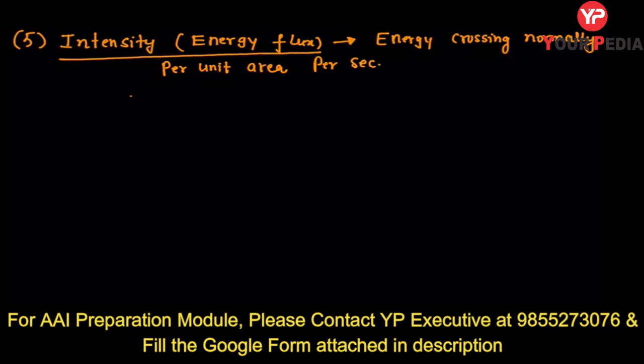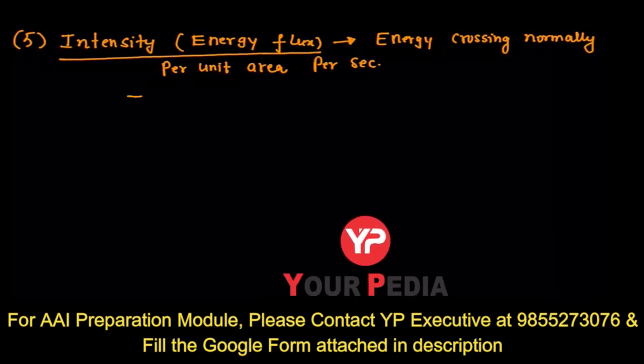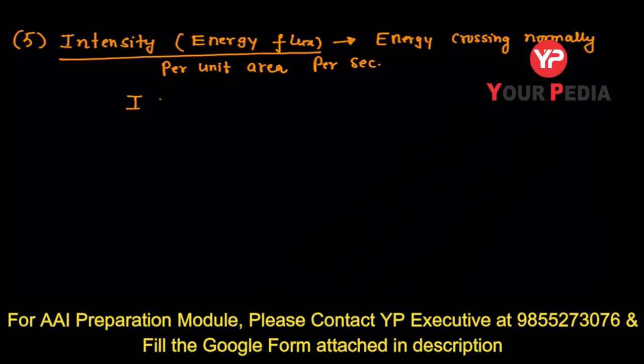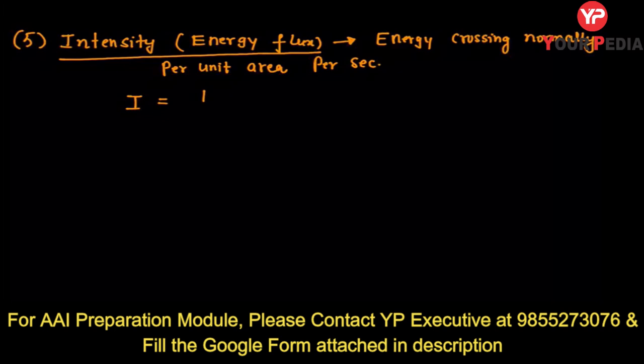Or you can say it is defined as energy crossing per unit area normally per second, it is the same thing. So mathematically, if I write it, intensity represented by I is equal to energy E per unit area per second, that is E upon AT.